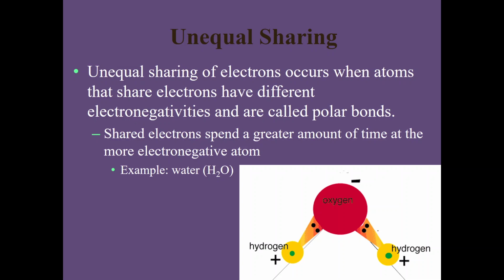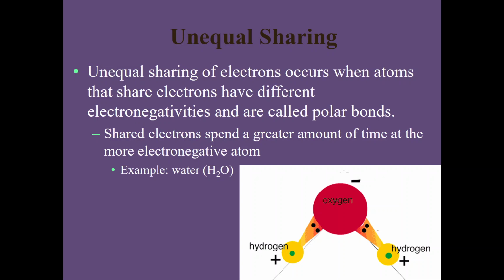Unequal sharing of electrons occurs when atoms that share electrons have different electronegativities. These are called polar bonds. Shared electrons spend a greater amount of time at the more electronegative atom.